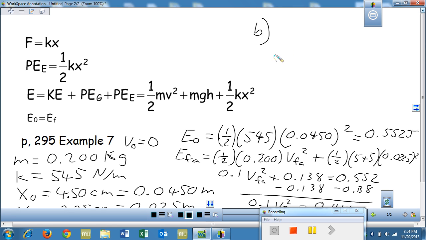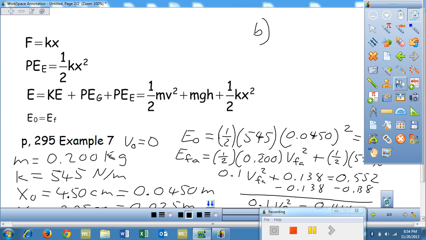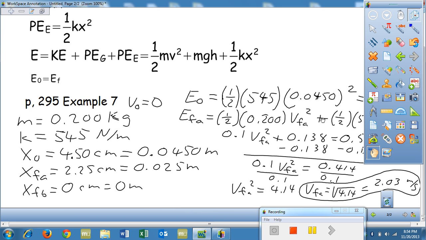But let's see. Part B is similar, only when we get to part B, let's see what we have here. We've got 0 centimeters. Okay, so that means that there is no elastic potential energy. We've taken all of that initial elastic potential energy and we've converted it all into kinetic energy.